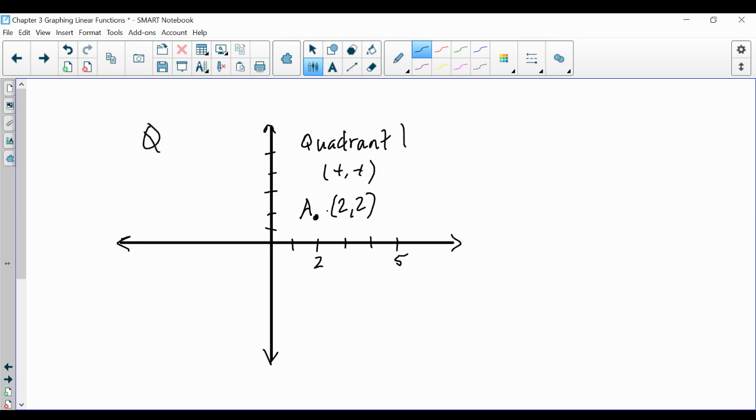Quadrant 2, and I'm just going to use the Q. Quadrant 2, and we always use Roman numerals. So in quadrant 2, the X is negative and the Y is positive.